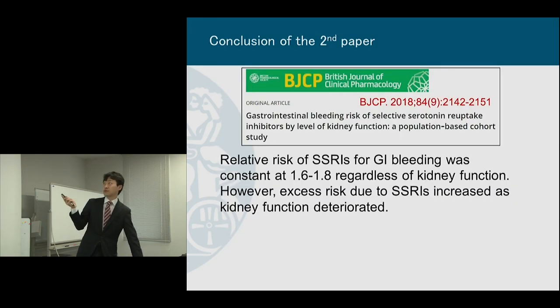Okay. To conclude the second paper, the relative risk of SSRIs for GI bleeding was constant at 1.6, 1.5, 1.8, regardless of kidney function. But excess risk, or absolute risk increase, increased as kidney function deteriorated.